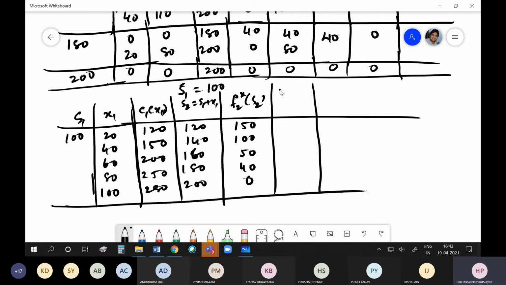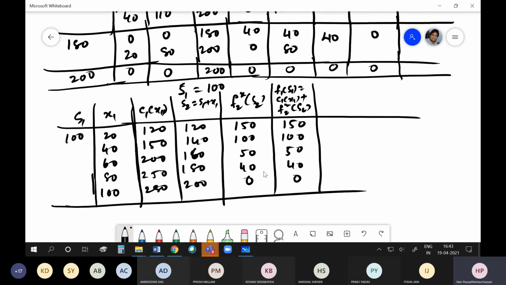Okay, so f1 of s1 is equal to c1 of x1 plus f2 star of s2, which is equal to 150, 100, 50, 40, and 0. Okay, f2 star of s2 is 40, 0.